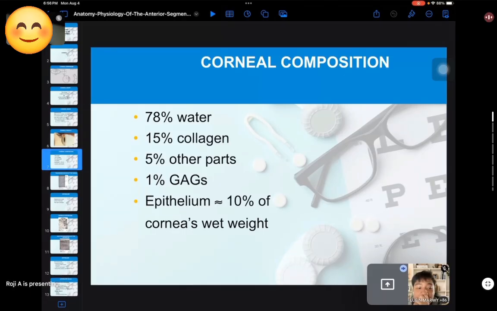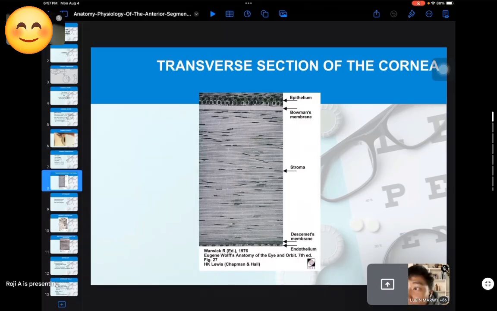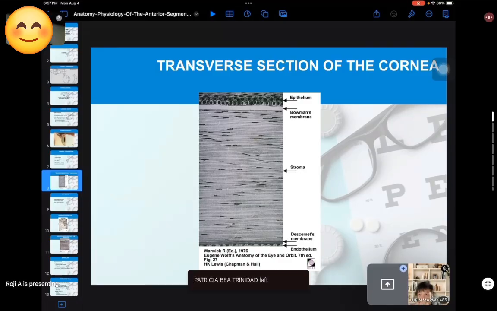Whichever is your data, as you can see, for the corneal composition, that is 78% water, 15% collagen, 5% other parts, 1% the ground substance. And then you have the epithelium, which is 10% of the corneal weight, which is wet. So this is your transverse section of the cornea, wherein you have the A, B, C, D, E. So the anterior epithelium, which is the outermost.